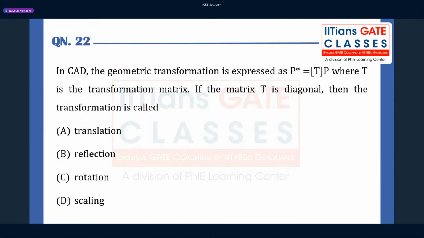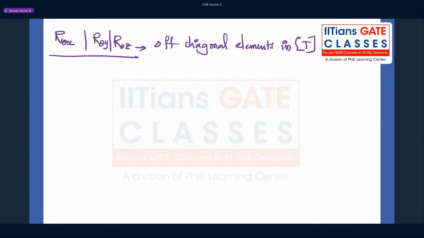Reflection. Let's discuss reflection. So in reflection, okay, let me write one rotation matrix for your happiness. So it is cos theta, I think it is minus sine theta. I don't remember, it is sine theta, minus sine theta, cos theta, 0 0 0 0 0.